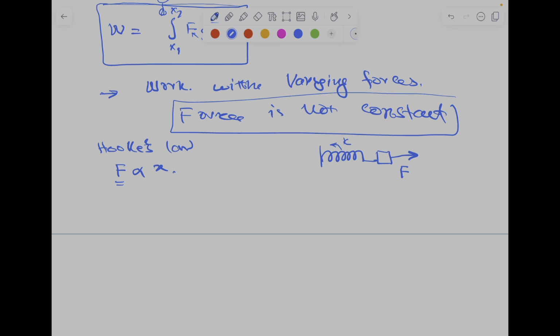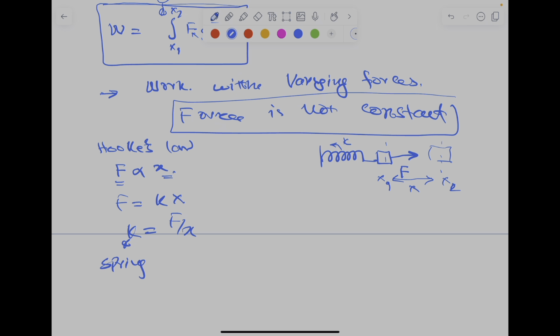So force is directly proportional to the displacement, from the mean position to the final position. The mean position is like x0 or x1 or x2, and this force is equal to kx, where k is f over x, and this is your spring constant. It has a unit of Newton per meter.